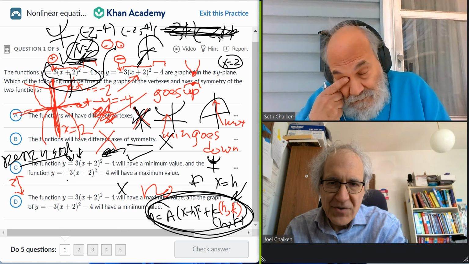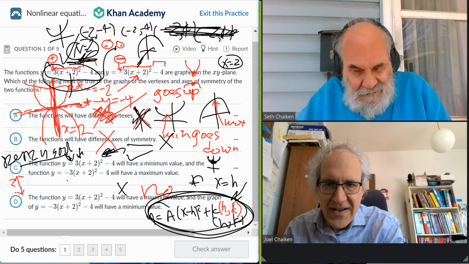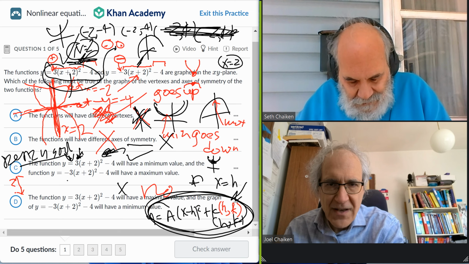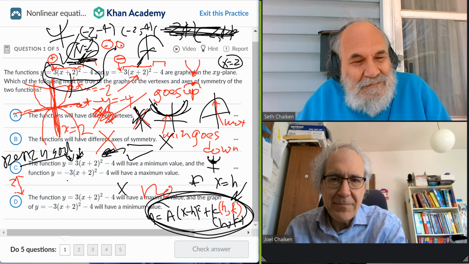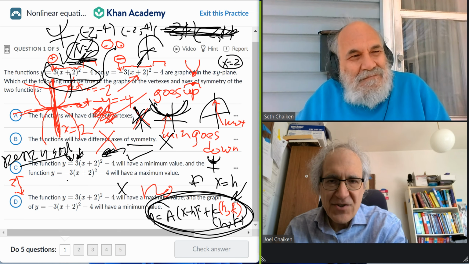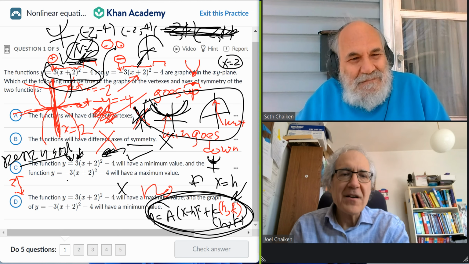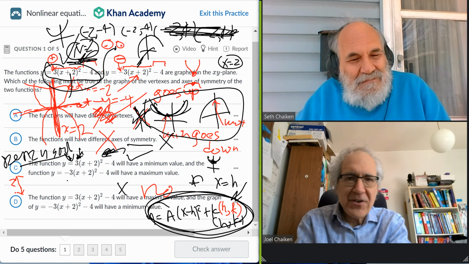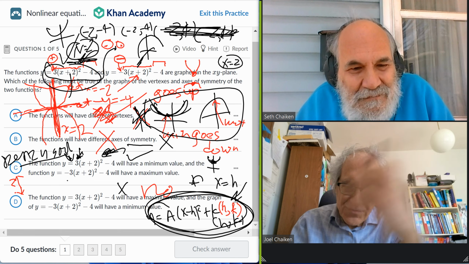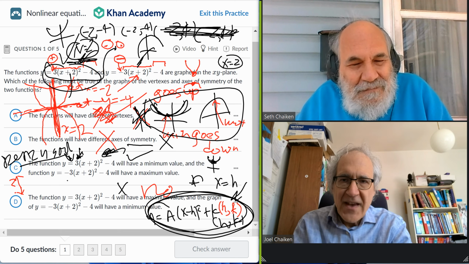So it's better to draw little pictures and realize that the +3 gives you a parabola that goes up, and this one has a minimum value. This uses the graphical modality, graphical language, graphical visualizations.